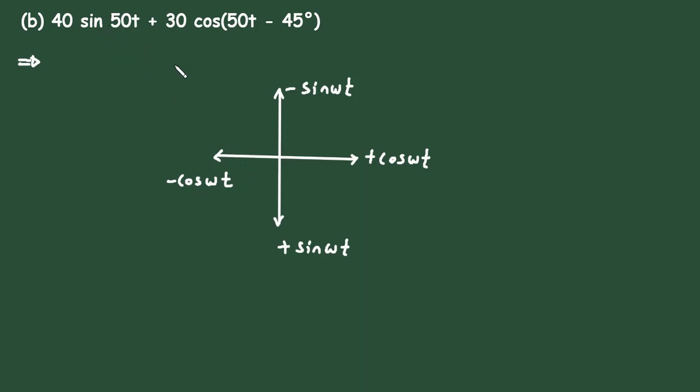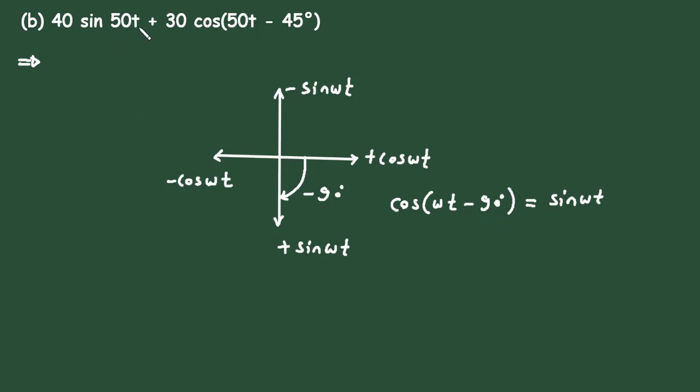So here we have to convert from sine to cosine. If we go from here to here, then this direction is negative. So we have to add 90 degree. That means cos omega t minus 90 degree is equal to sine omega t. That means we can replace this sine omega t by cos omega t minus 90 degree.